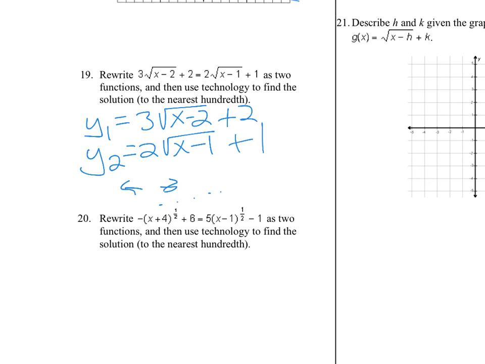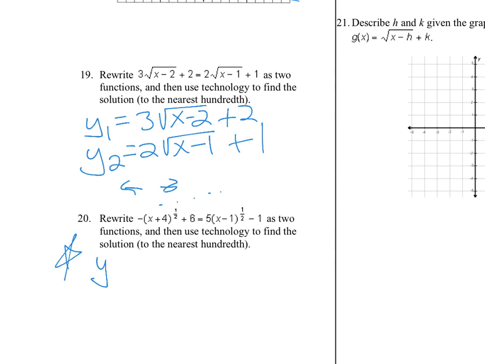And then you just hit the enter button 3 times. That'll take you through a scroll of 3 different points, but don't worry about that. After 3 times, up will pop at the bottom of the screen what your x and y value is for the intersection. Okay? So you're going to do that on this one as well.